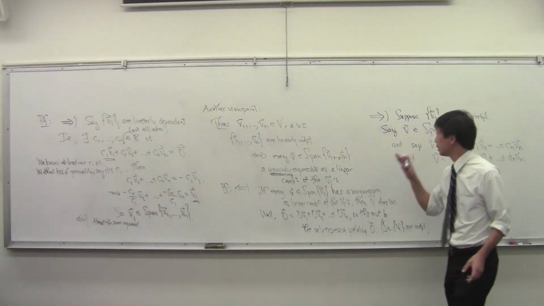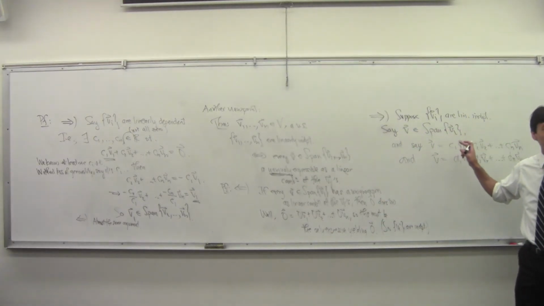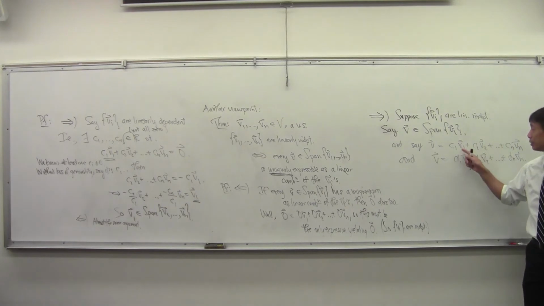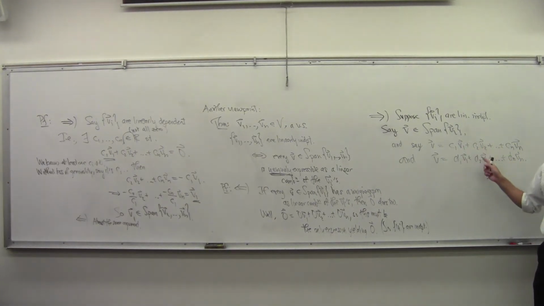Okay, so you've got somebody in the span, and suppose you have two ways of getting it as a linear combination. Why must they be the same way? Why must the c's and the d's all be the same? The c1 must be equal to d1. We're hoping that happens, right? That there's only one way to do this.